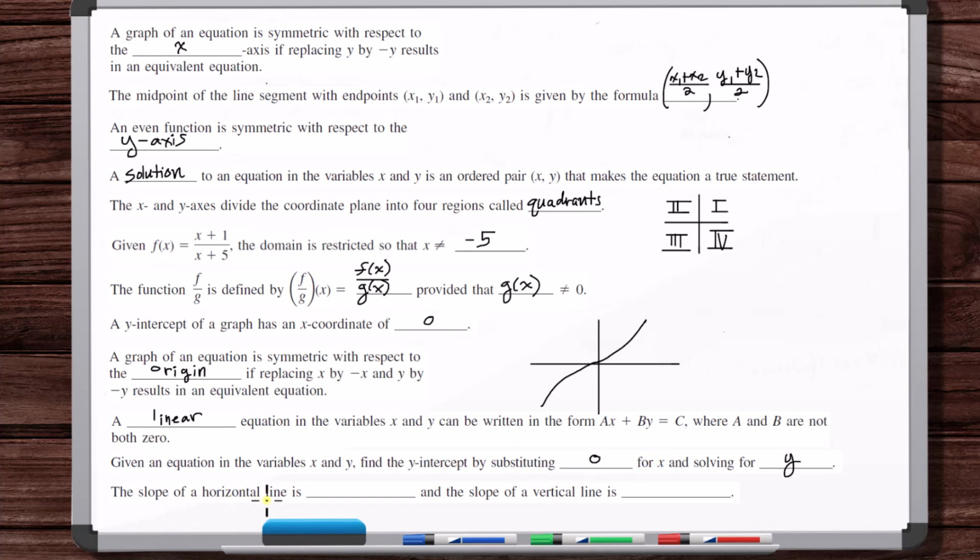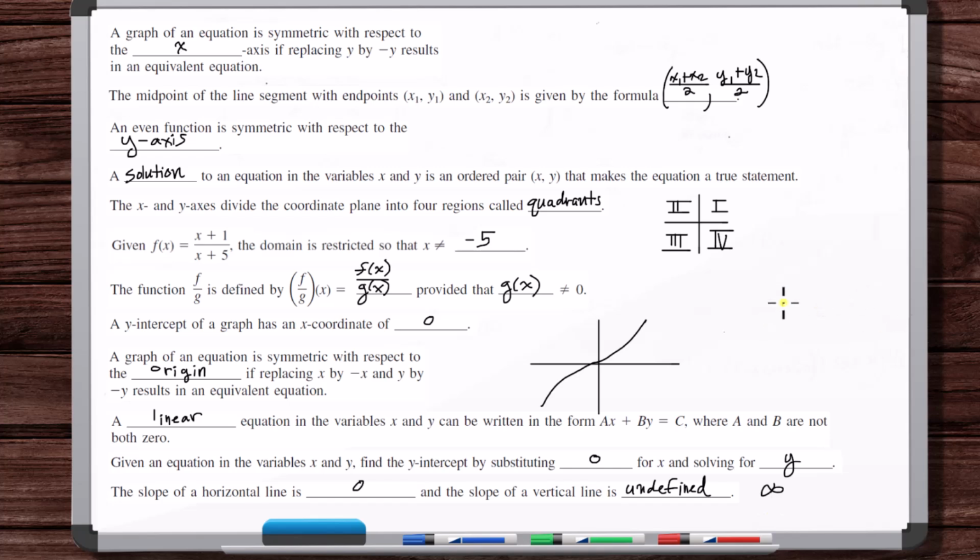The slope of a horizontal line is what? And the slope of a vertical line is what? The slope of a horizontal line is going to be equal to 0. The slope of a vertical line is technically undefined, but if you want to think about this conceptually, you could say that it's infinity. That's technically not the correct answer from a math standpoint, but conceptually it's like infinity.